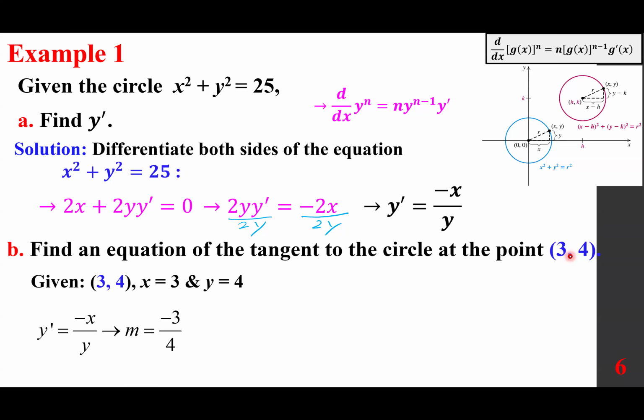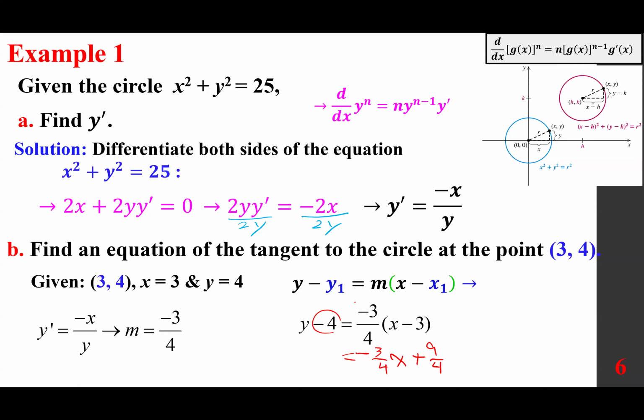So we're going to go with y minus y1 equals m times x minus x1. That's the point-slope form. So y minus 4 equals negative 3/4 times x minus 3. We're going to distribute. We get negative 3/4 x plus 9 over 4.